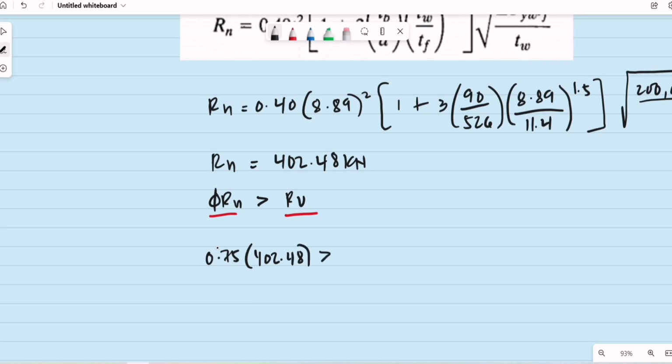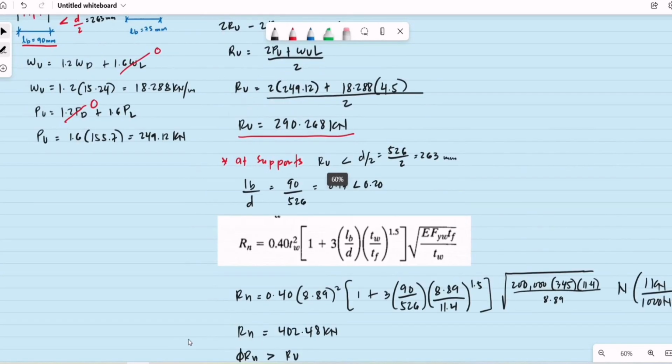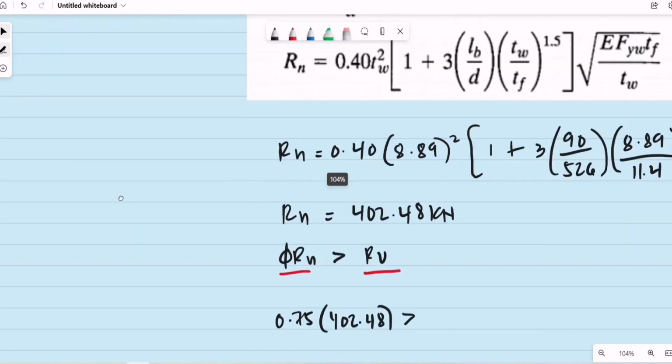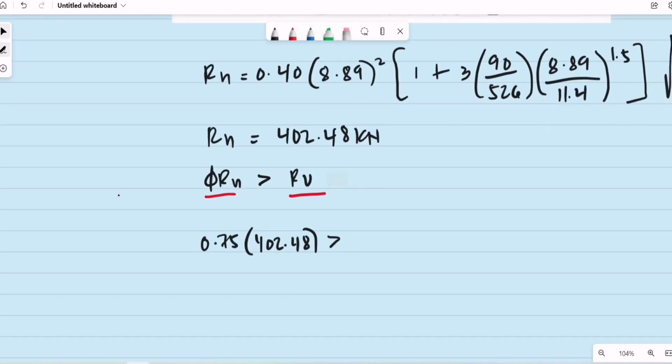Is it greater than our Ru? What is the value of Ru a while ago? That is equal to 290.268. So it should be greater than 290.268 kilonewtons. Again, the left side is the capacity, the right side is the actual value.